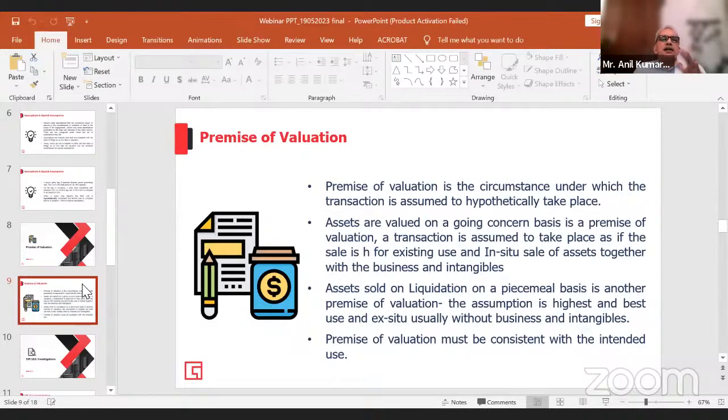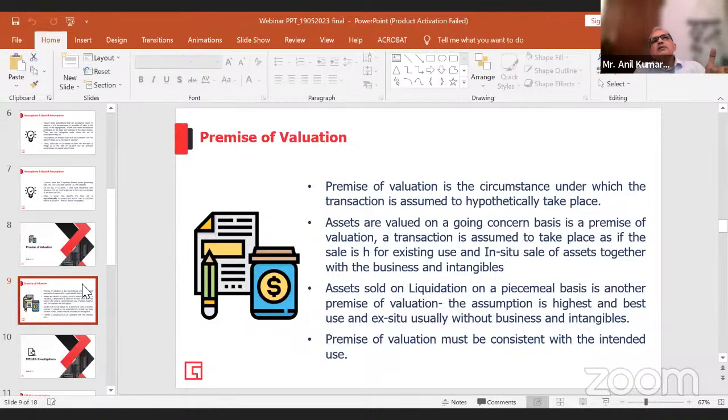Usually the underlying security comes into play when the assets are actually taken possession of by the financial institution and then auctioned. So the logical premise of the valuation there would be that the asset would be auctioned without the business and without the intangibles. That flows from the purpose of the valuation itself.